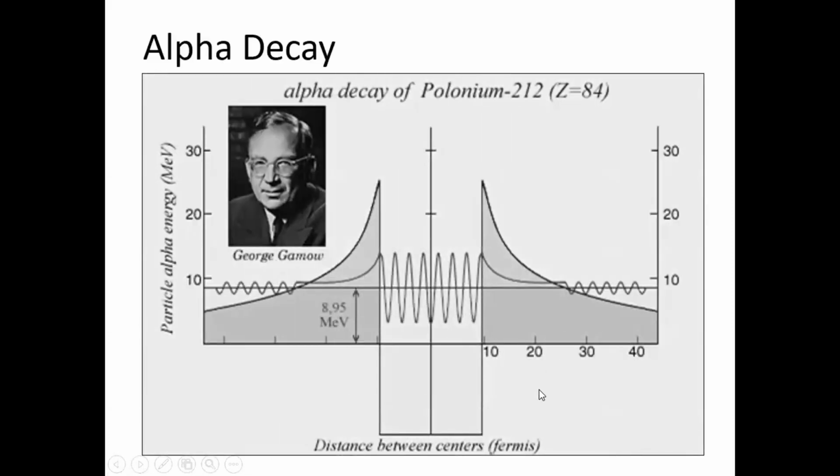George Gamow, when he tried to explain the polonium alpha decay, used these ideas, and had this notion that if the alpha particle energy is above this ground state, then this energy is enough that it will eventually penetrate through.